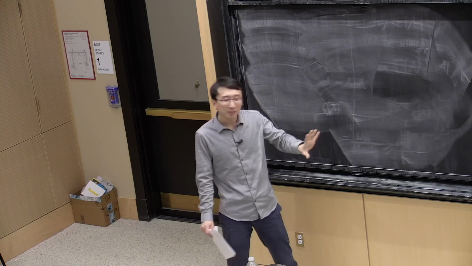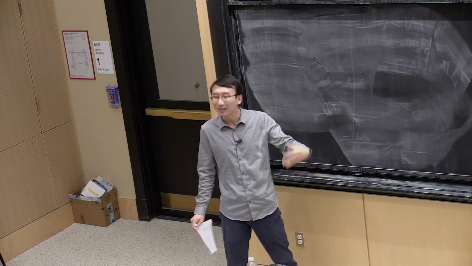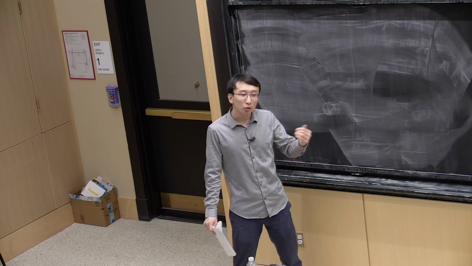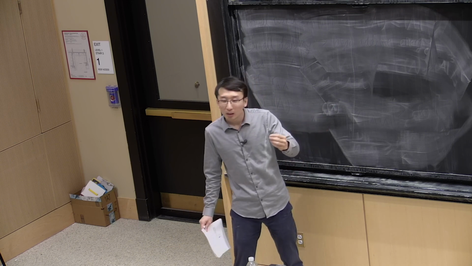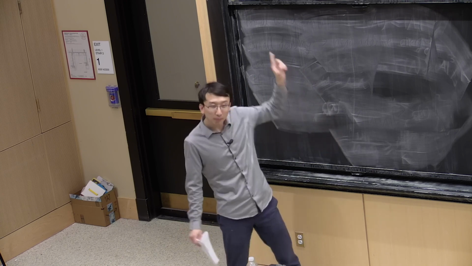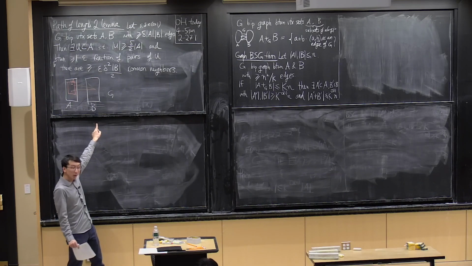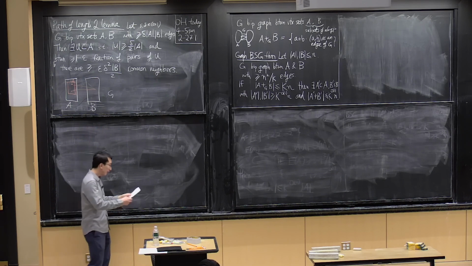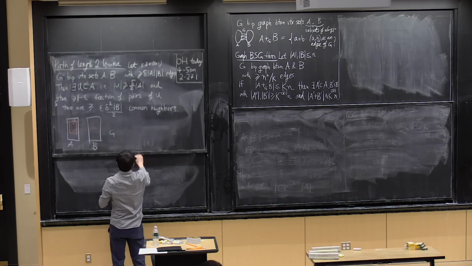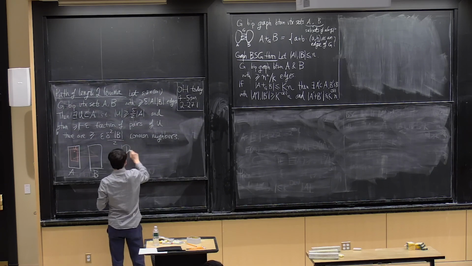So I want elements of U to have lots of common neighbors, typically. So one way to guarantee this is to choose U to be a neighborhood from the right. So pick a random element in B and choose U to be its neighborhood. So let's do that. Okay, so we're going to use dependent random choice.